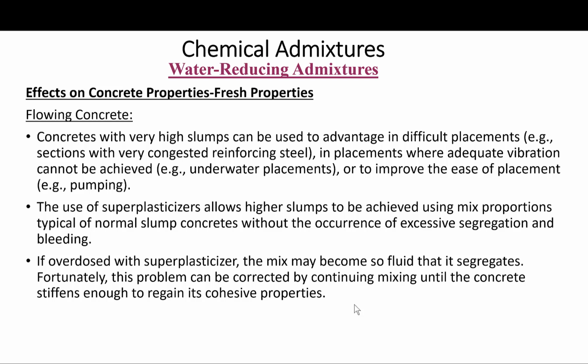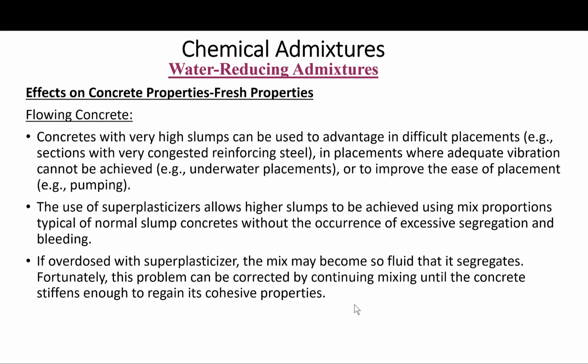And again, in order to avoid any surprises, as I said, testing and trial batches on the same materials specific to your jobs is key. Okay, so that's what these admixtures can do. Basically they result in a concrete that we call flowing concrete. They make handling of the concrete much easier.